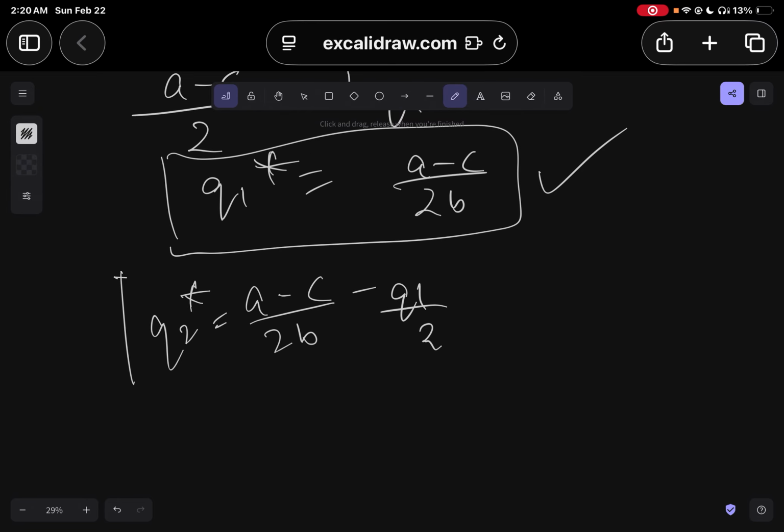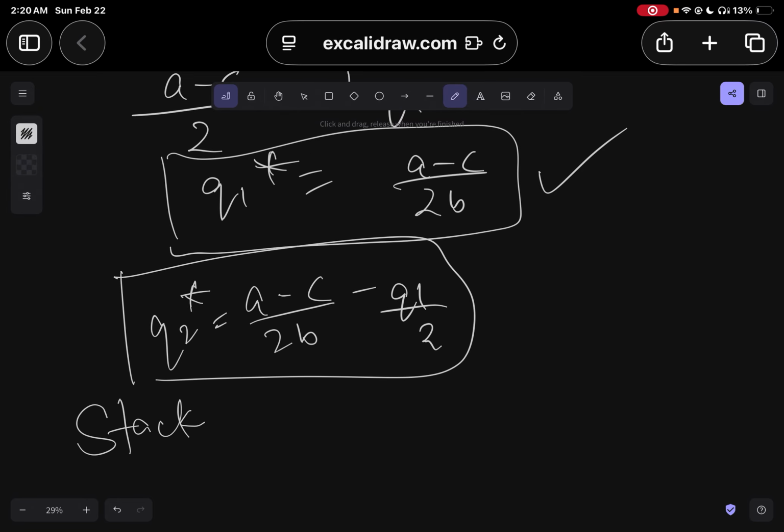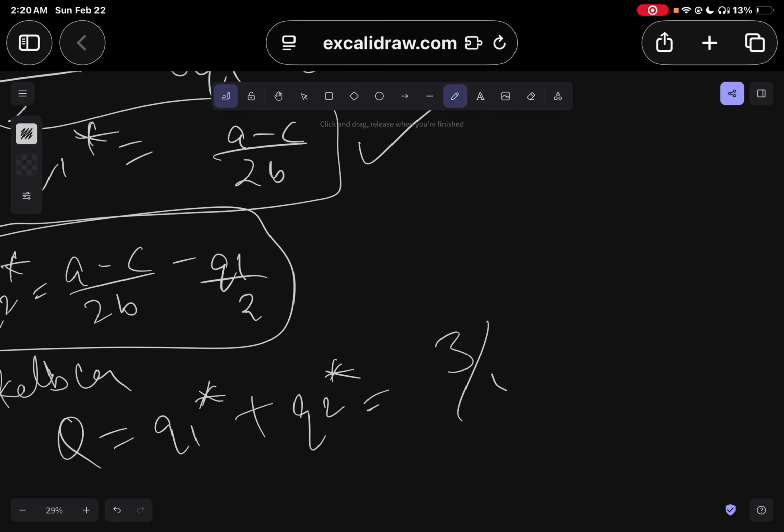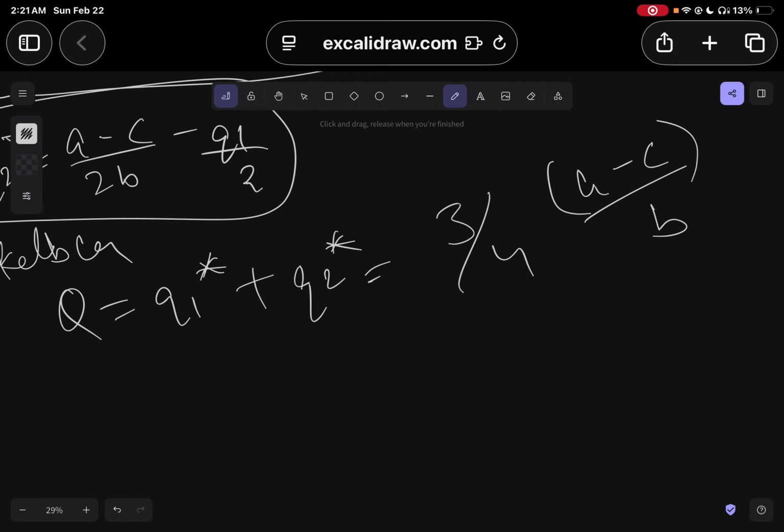Now, in total, in Stackelberg, they produce three-fourths of the entire market together, which is obviously more than monopoly, less than Cournot, and less than obviously perfect competition.